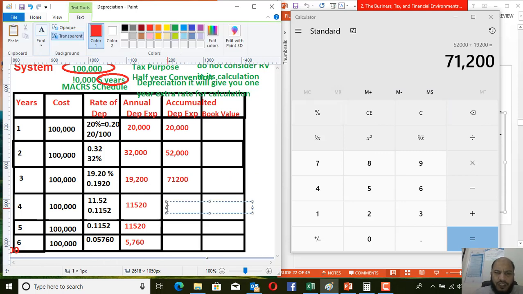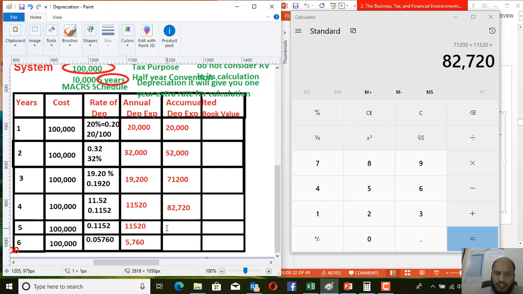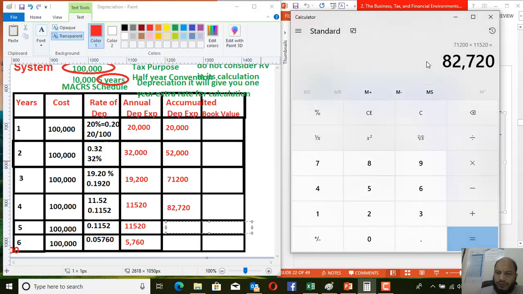Now we add 11,520, which gives 82,720 rupees. Again we add 11,520, which gives 94,240 rupees.